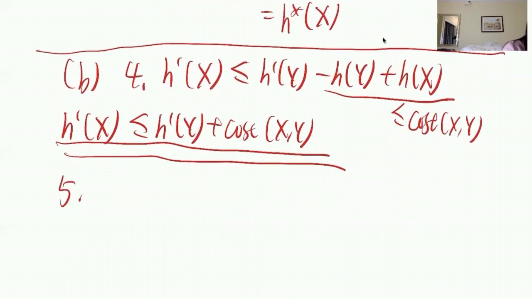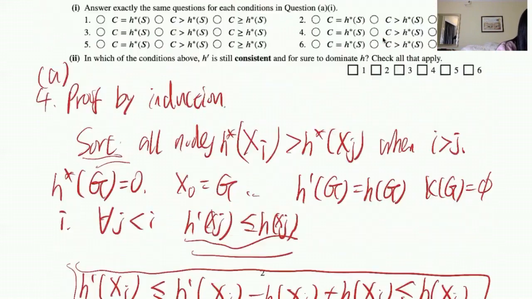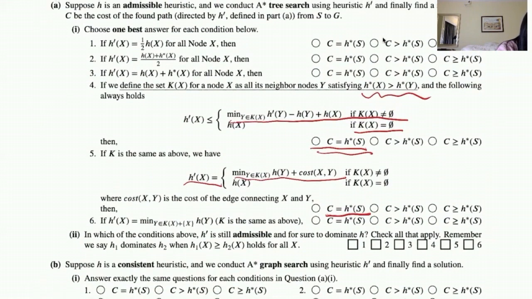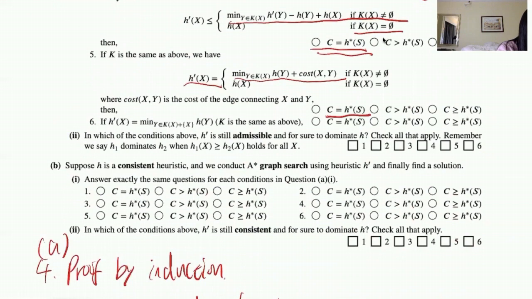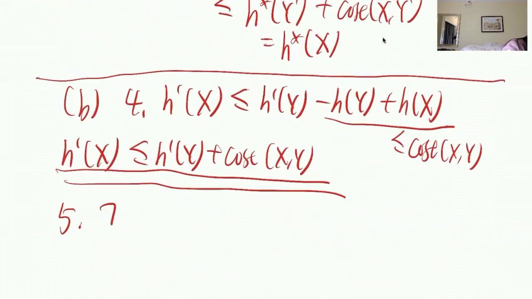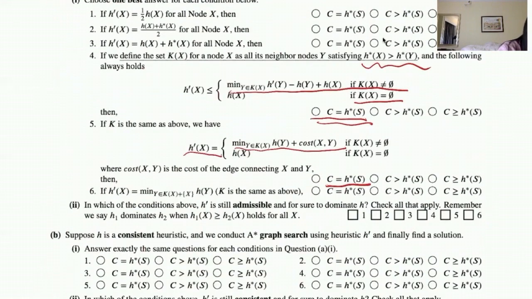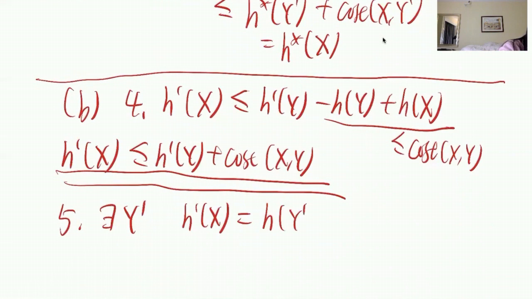Now let's move on to part 5. First, we note that from the definition of H prime, when K is not an empty set, there exists Y prime so that H prime X is equal to H Y prime plus cost X Y prime.